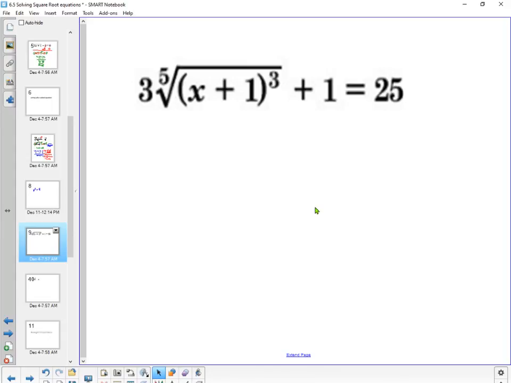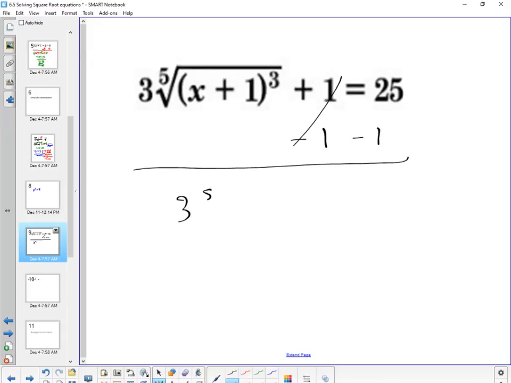Okay, tsunami! There we go. So, take away 1. Gone. The 5th root of x plus 1 to the 3rd is 20, not 25, it's 24. Divide by 3.